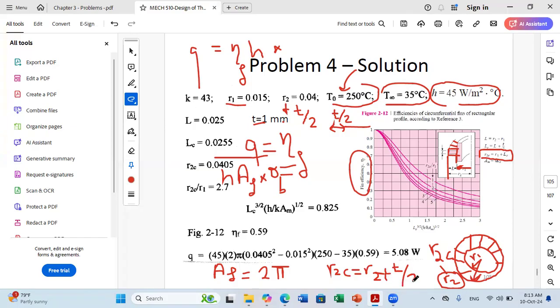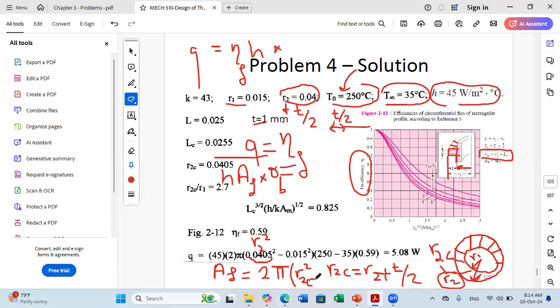And we have that R2 is given to be 4 centimeters. We add to it T over 2, which is 0.5 millimeter. So this is R2 corrected, 0.0405. So we have that the frontal area, as we were discussing, is equal to 2 pi times R2 corrected square minus R1 square, because this will give me the annulus area here.